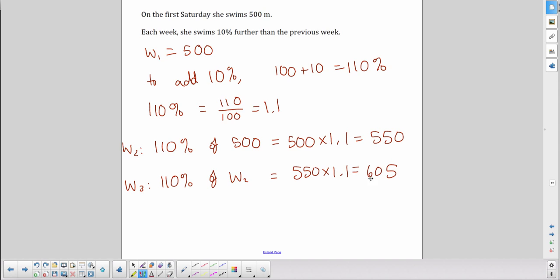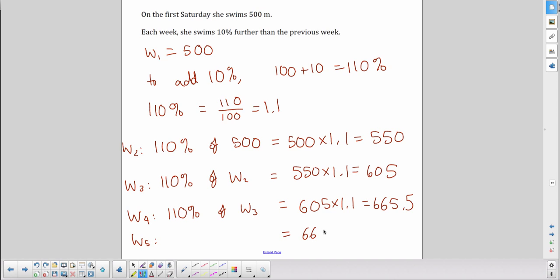And then our next value, week 4, this is working out just like we already did, but this time we can see our sequence of numbers appearing in a more straightforward way. 110% of week 3 is 605 times 1.1, which is 665.5. And then we generate week 5. Let's skip that. 665.5 times 1.1, etc.